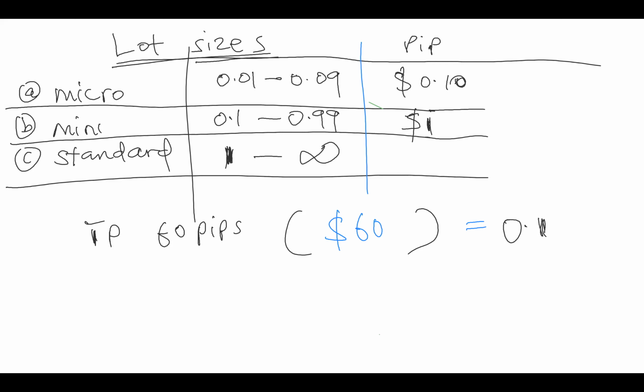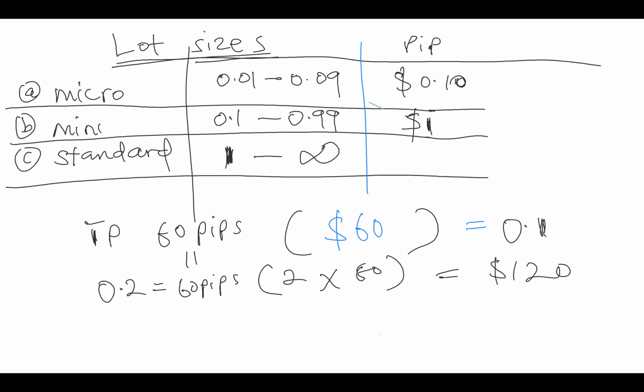So if I was using 0.2 for 60 pips, it means I'm going to be making times 2, so 2 times 60. I'm going to be making $120 if the trade hits TP at 60 pips. Right? You need to understand that it's just a simple calculation.